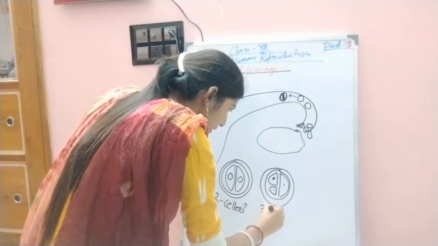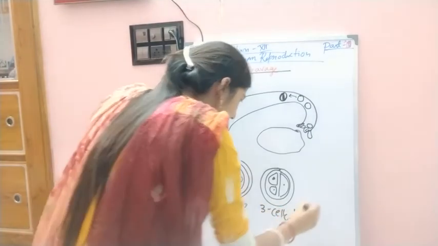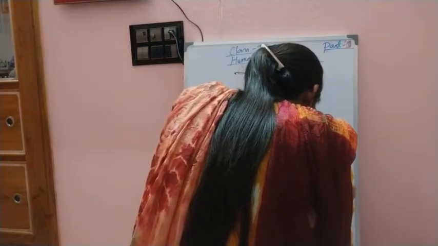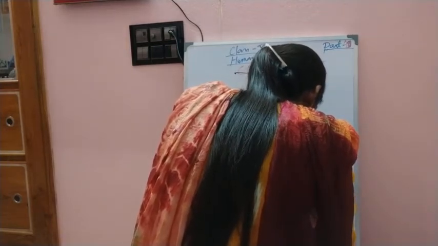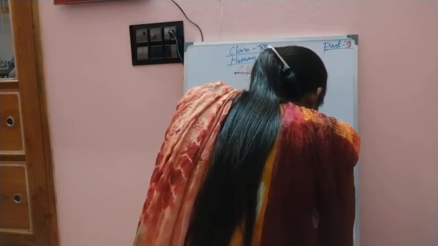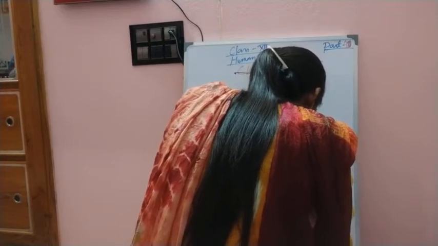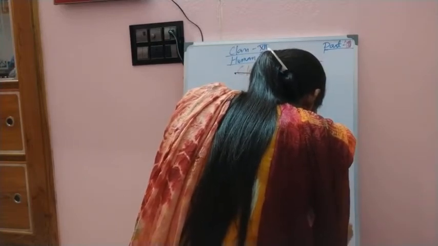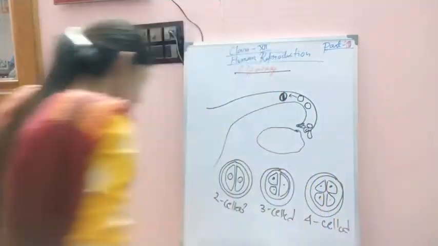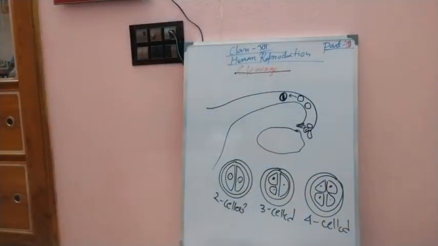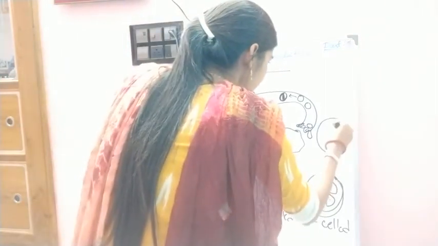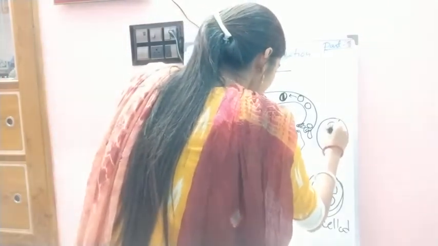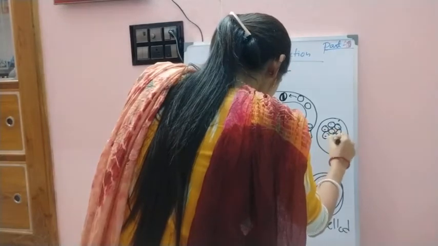So 3 cell stage, and the next stage is 4 cell stage. After that it will be like that.